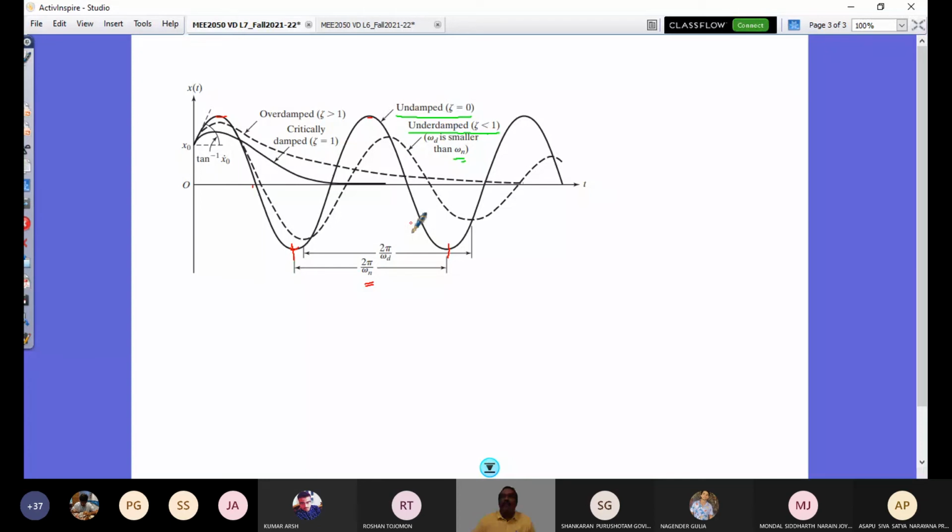For the lightly damped structure, you can consider zeta value is very much less than 1. In such cases, you can approximate this as simply 2 pi into zeta, so the damping present in the system is approximately equal to delta. So why do I write it now like this? Delta is the logarithmic decrement.